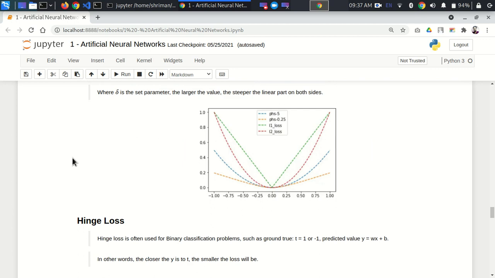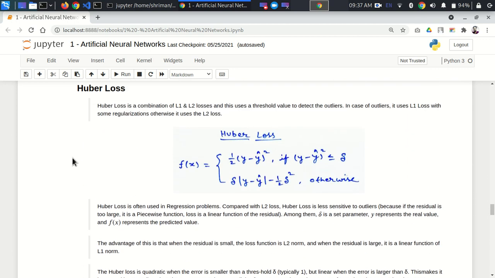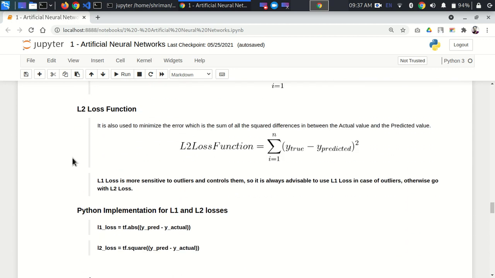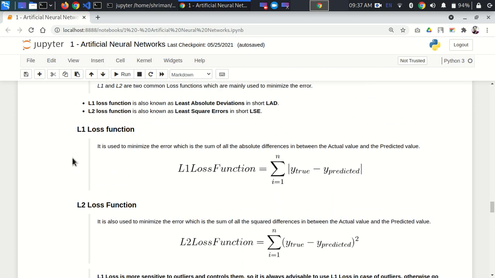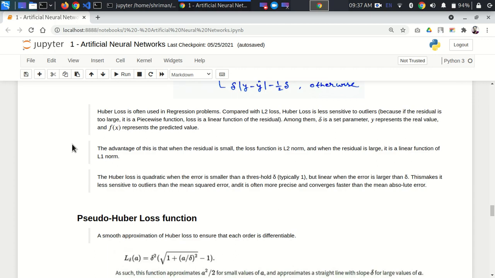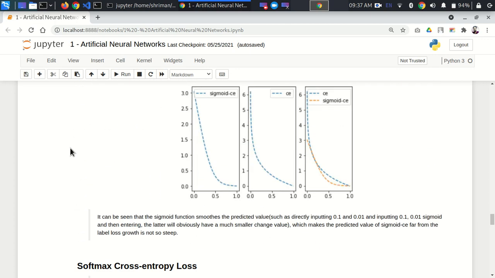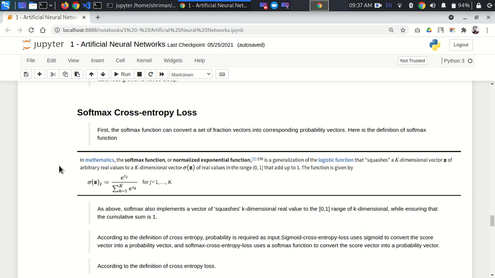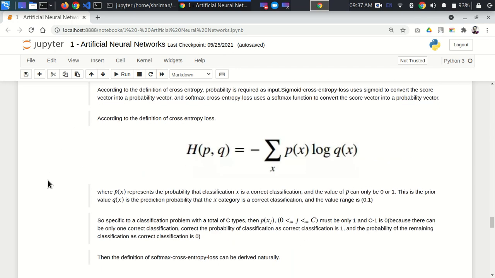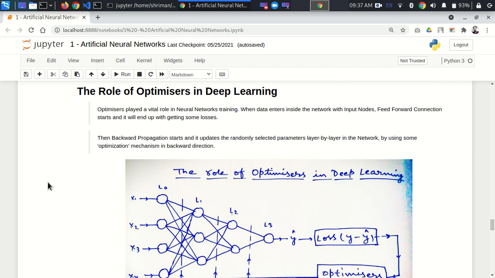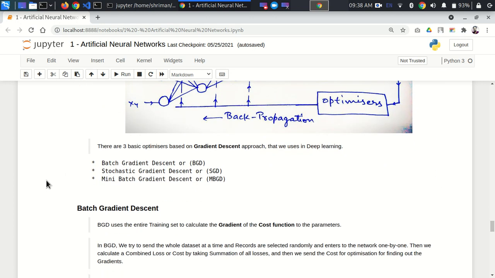Maybe in tomorrow's session I'm going to discuss loss functions. Whatever different loss functions are available, we are going to see all of them, and then we will move forward to the optimization part. In the same session I will try to cover the optimizers, what is the role of optimizers in deep learning, and what the different optimizers are like BGD, SGD, MBGD.